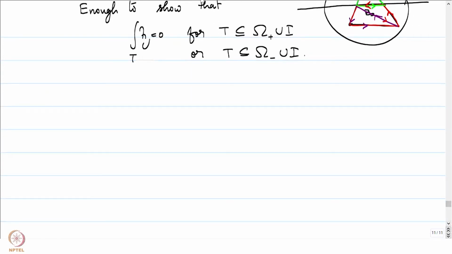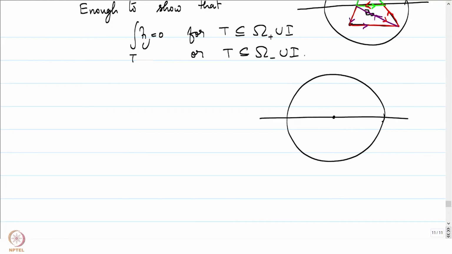Let us now draw a new picture in that case. So, we have now this disk of radius r around Z0, and now two possibilities can happen. Either the triangle just touches at a vertex the part I, or it could be a triangle of this type with an edge on the real axis. There are two cases. The more difficult one is when the edge is on the real axis.